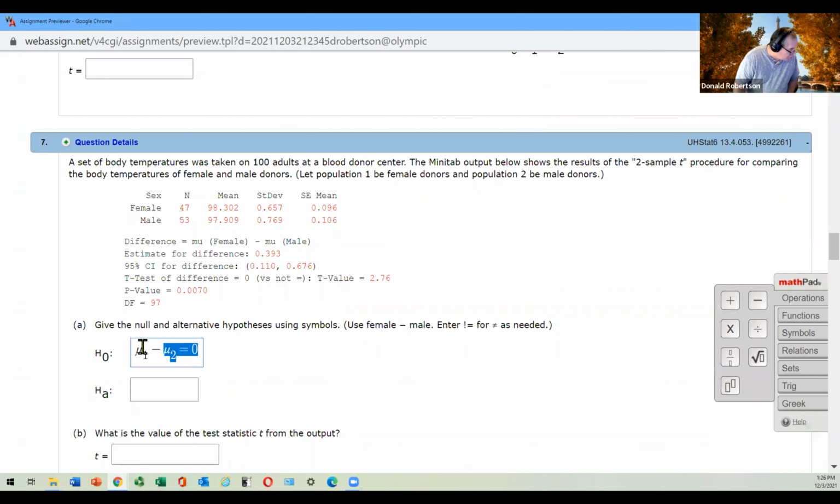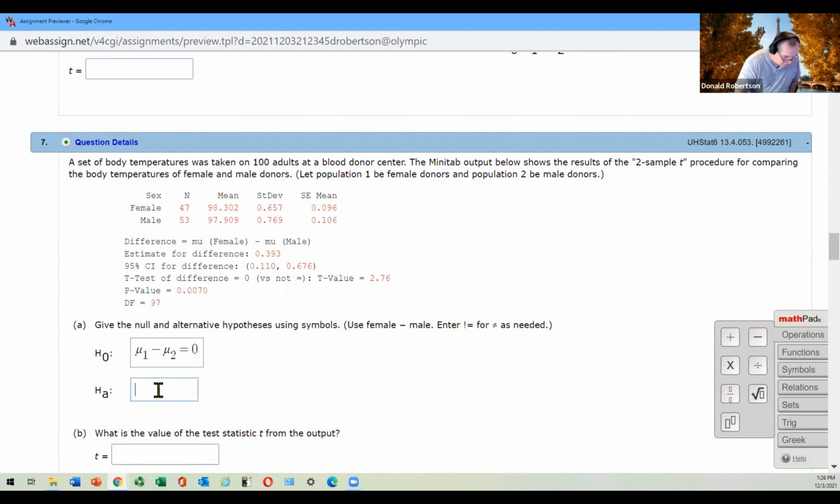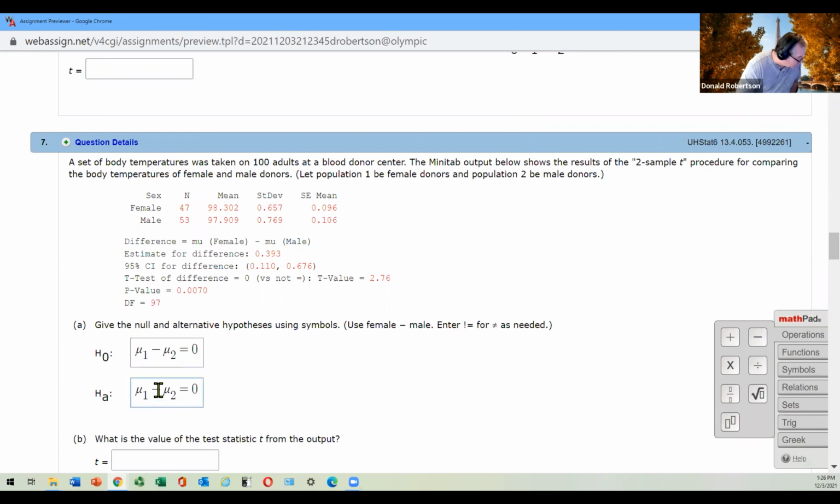Since they are not mentioning whether there is evidence to prove they're bigger than or less than, I'm just going to assume that they mean not equal to. And that seems to work.